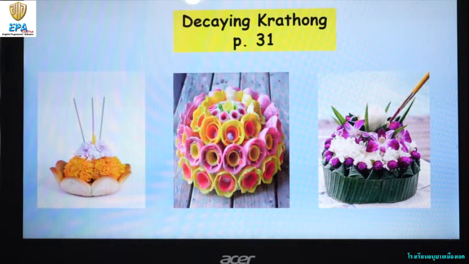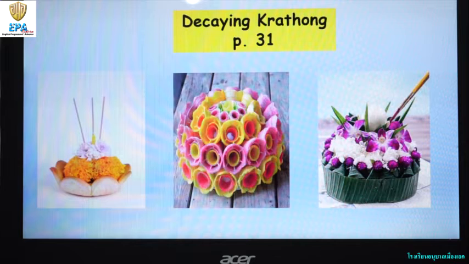Okay, so ice cream cones can also be made into a kratom. The third picture that we have is a kratom that is made of banana leaves. So all of these kratoms here can decay. They can decompose or they can be rotten.